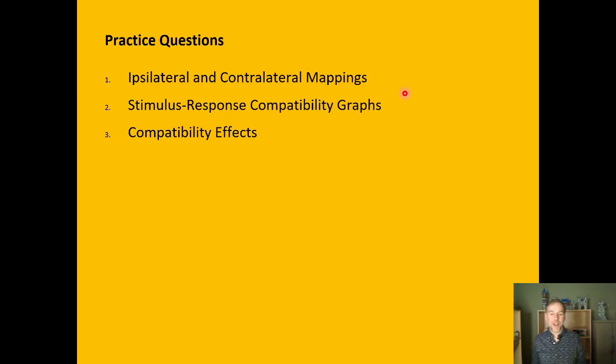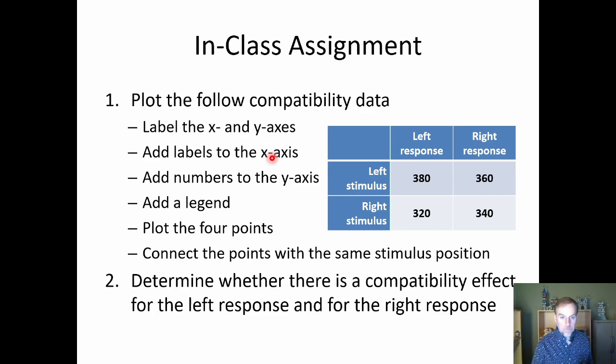If you'd like some practice looking at graphs and determining whether there are compatibility effects, check out the practice questions. You'll use the graphs that you just made and then address whether or not they have compatibility effects on the left and right. This is an example that I would do in class when I teach the in-class version of this.